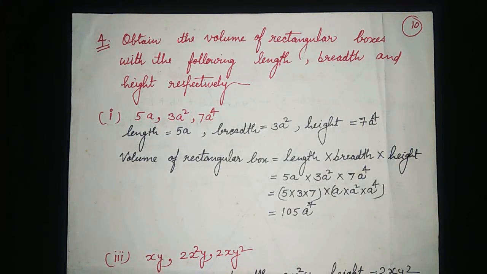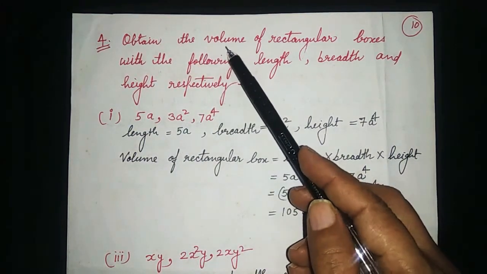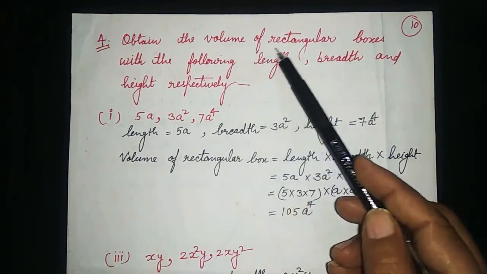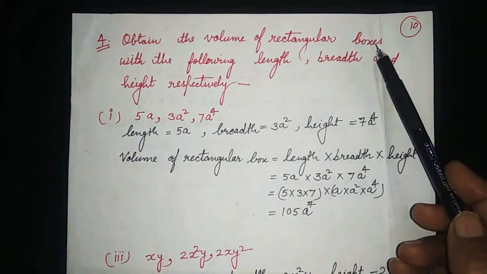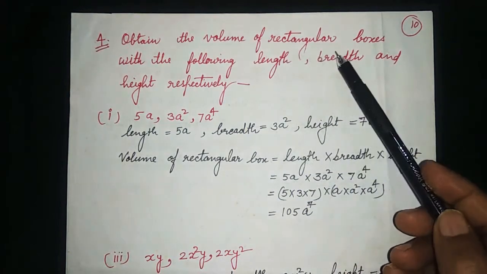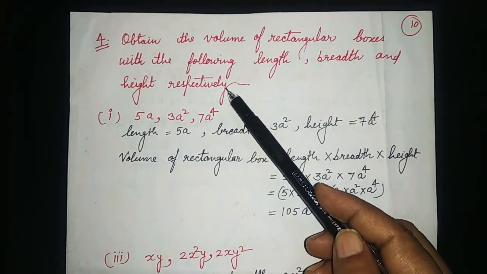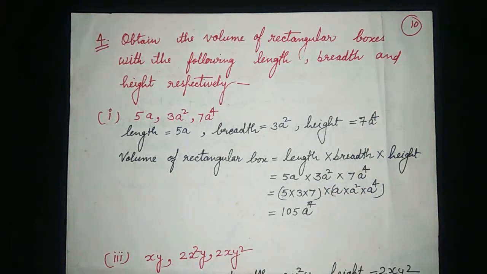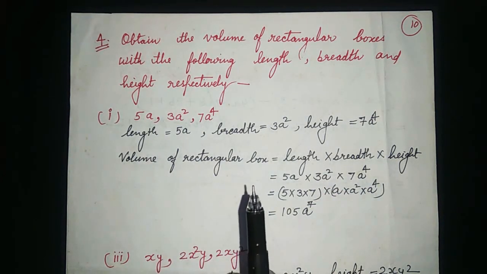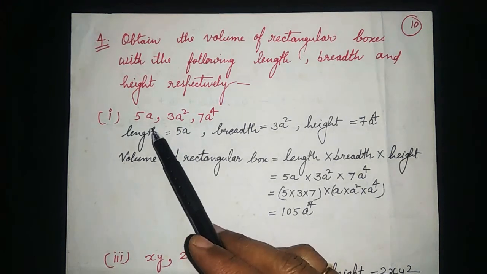Now students, see the fourth question. Obtain the volume of rectangular boxes with the following length, breadth and height respectively. Okay. Here I am explaining you two parts. Okay. Rest two parts you will solve yourself. Here you see the first part.